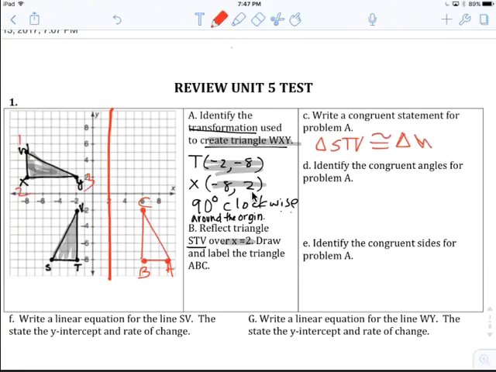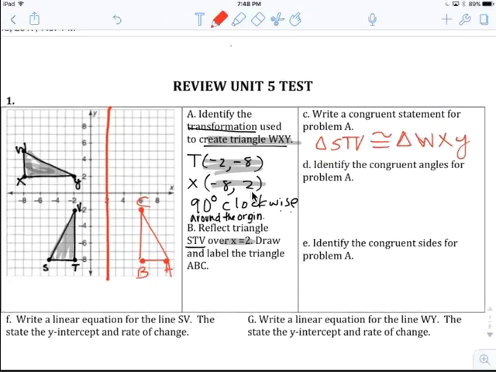So WXY, right? Okay, let's see, 8, 5. Yeah, it's right. Okay, double check myself. It's 1, 2, 3. So STV, WXY. Yep. Double check. Triple check. Make sure you do that on your test.